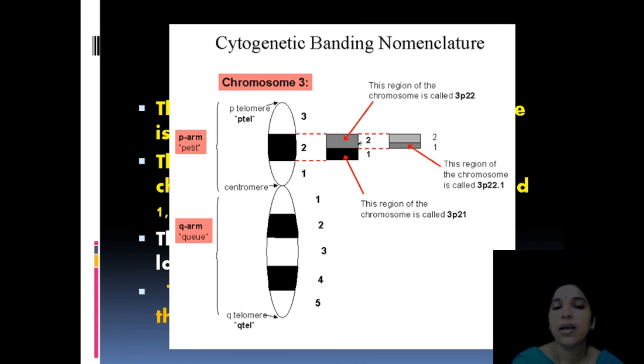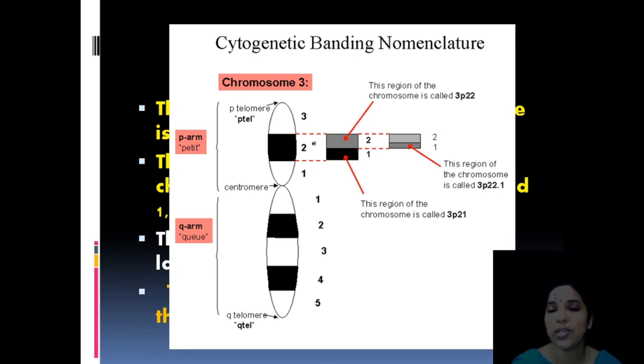Clear? Now it has subbands. The subbands are 3p22. The first 2 is the band and the next 2 is the subband, and it is divided again into subbands.